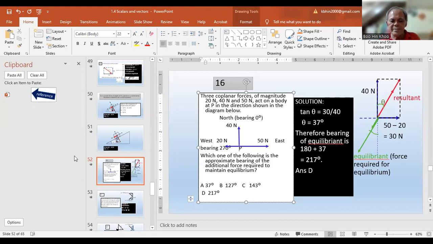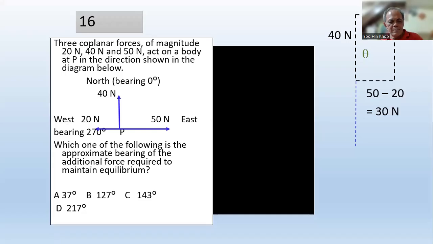B is just that point. Then before this 40, there are no others, one vertical. So there's a 40 there. And then 50 is greater than 20. So 50 minus 20 is 30 Newton.